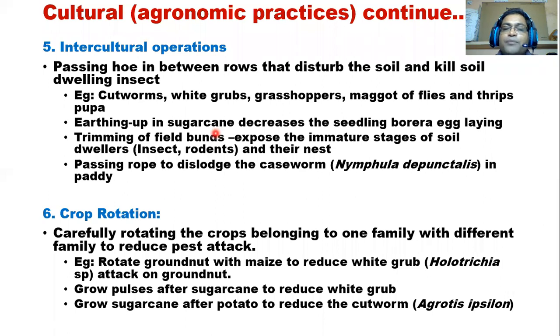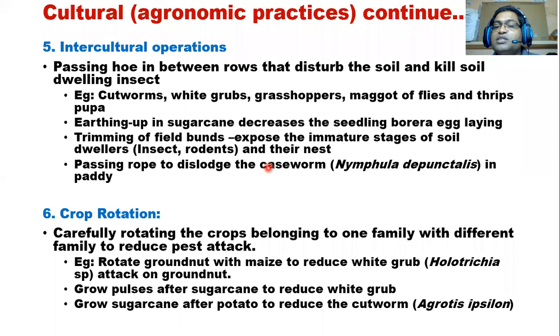Right, so these are the practices, and passing the rope. Rope means long thread, right? You are passing it in between the plants. Especially these are practices in rice field to dislodge the caseworms, Nymphula depunctalis. Caseworm is a very big problem in some isolated areas.